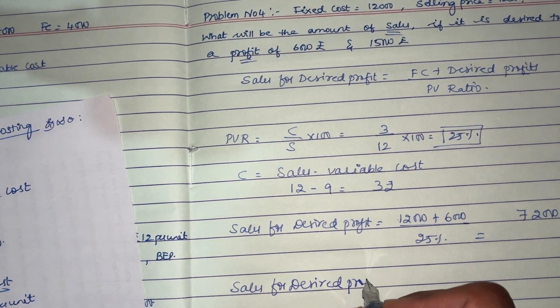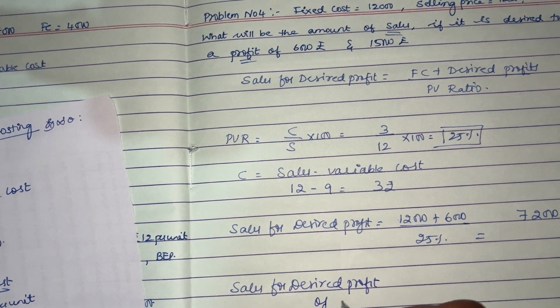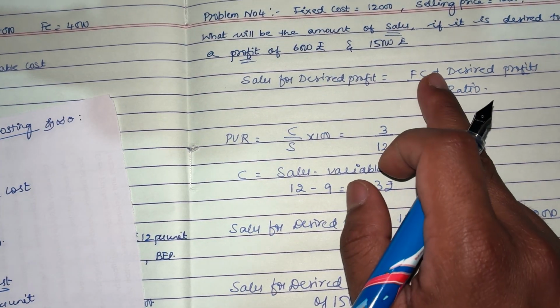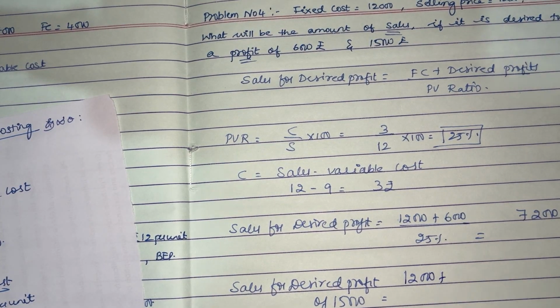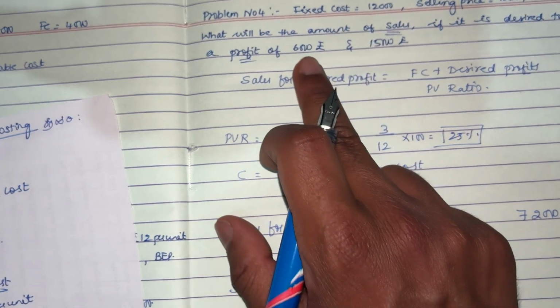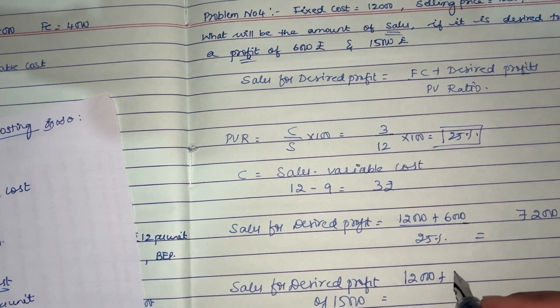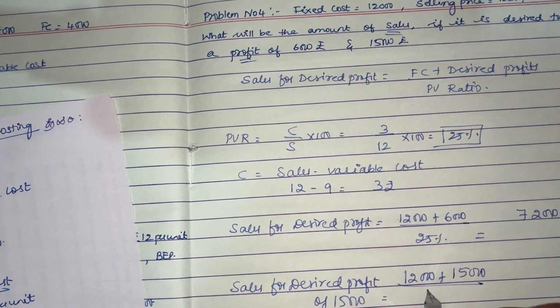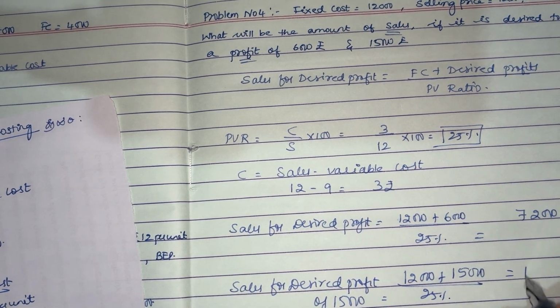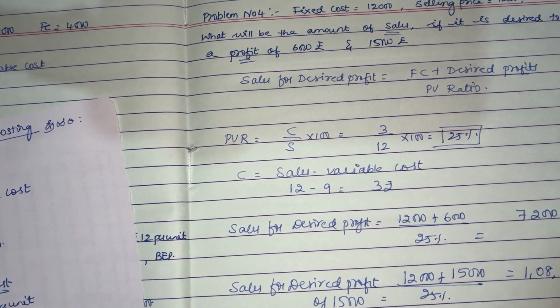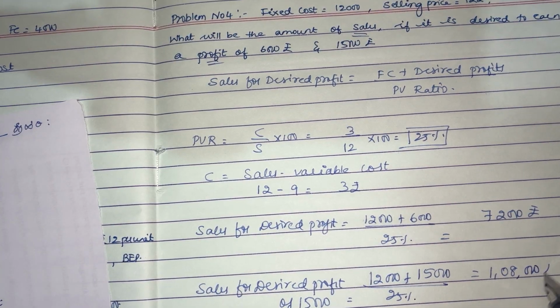Now if you intend to earn a desired profit of 15,000, the formula remains the same. Fixed cost is 12,000, which remains fixed. Now the desired profit has changed. Instead of 6,000, we will take 15,000, divided by the same PV ratio. So this will come up to 1,08,000 rupees.